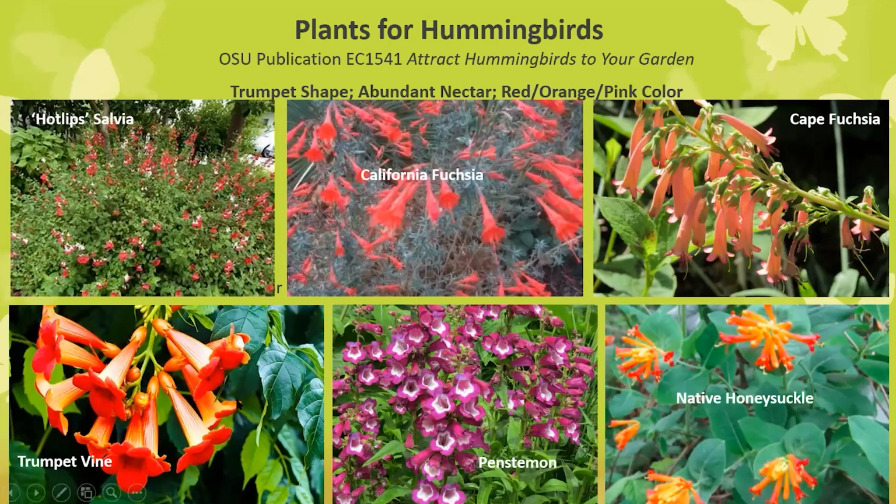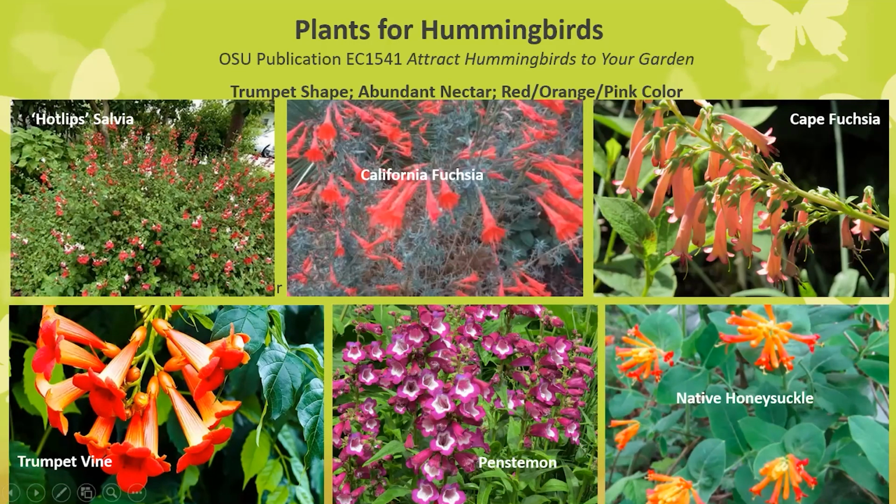Trumpet vine is something that you only want to grow if you can provide a good structure, because once established, it can become quite rampant and requires hard pruning to manage the size. However, it is the perfect hummingbird flower. So do grow it if you're able to support it properly.